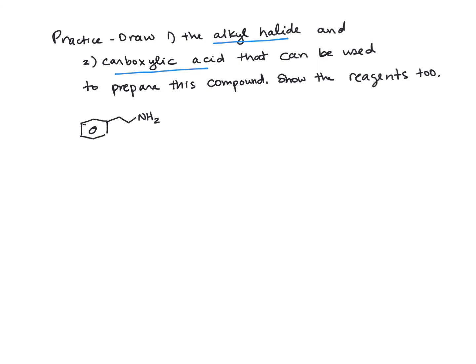So let's start with the alkyl halide. We need to be in a position where we're going to add a carbon atom to the alkyl halide. So we want to add this by treating the compound with sodium cyanide.